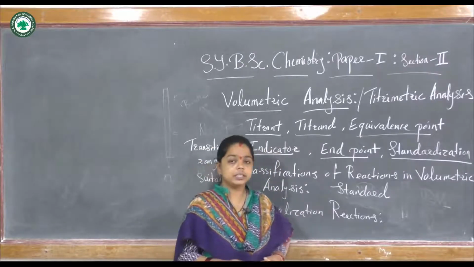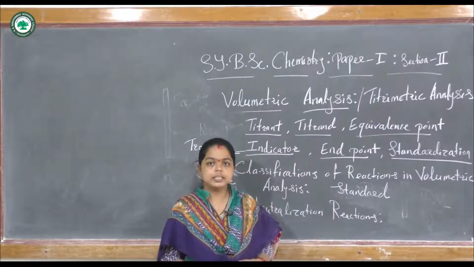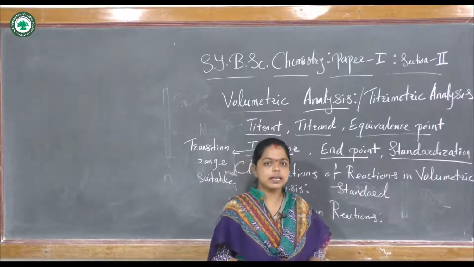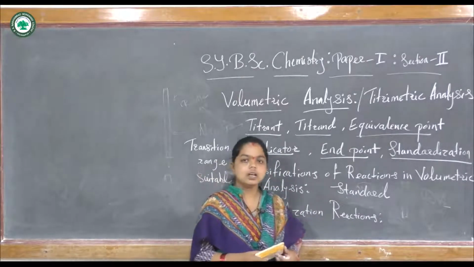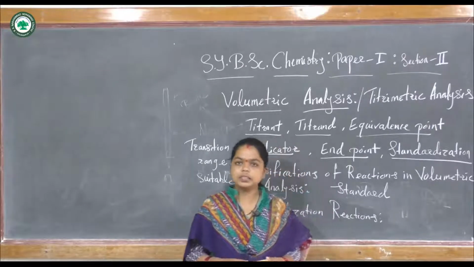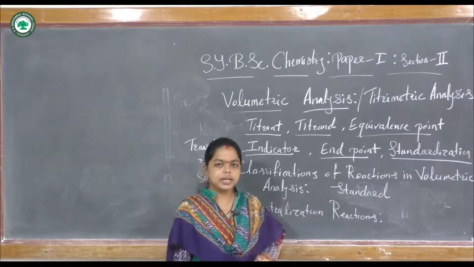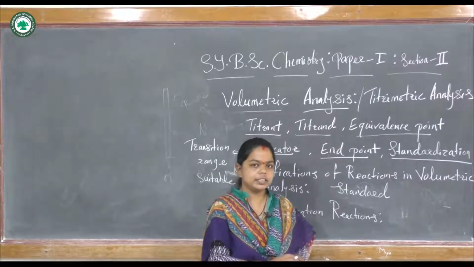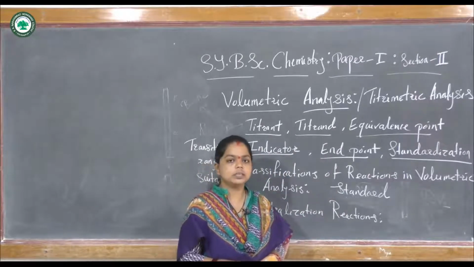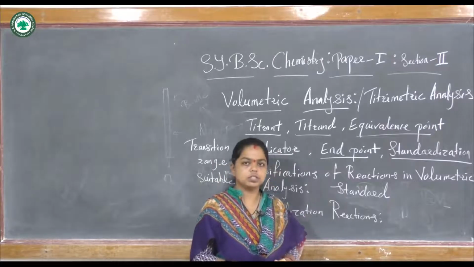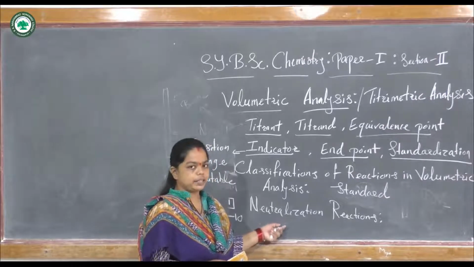In acidimetry, when free acids are titrated against standard bases, it is called acidimetry, and in alkalimetry, when free bases are titrated with standard acid, it is called alkalimetry. So an acid can be titrated against a base or a base can be titrated against an acid, depending upon whose concentration is to be determined. So this is the first type of titration or reaction.